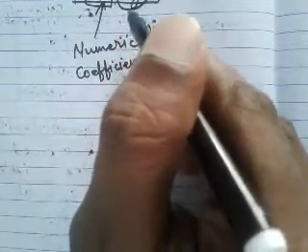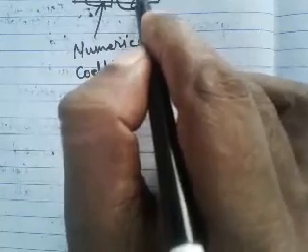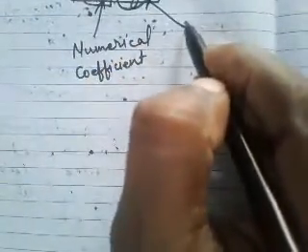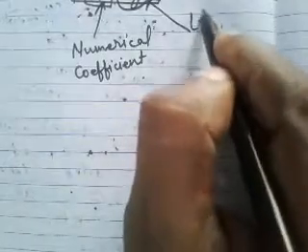And this variable part, this is one term, because there is no addition or subtraction sign involved in this expression. So this is a single term. So x square y, this variable, is called the literal coefficient.